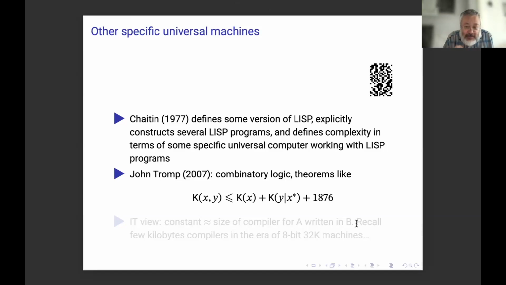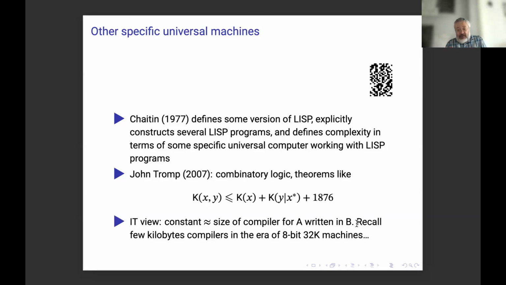Here's the prefix version, but this doesn't matter much for now. And this specific constant he computed exactly. It was about 2000. So it's still much more than even Kolmogorov thought about the constant. And one can even look from a more practical side. So what is actually this constant?